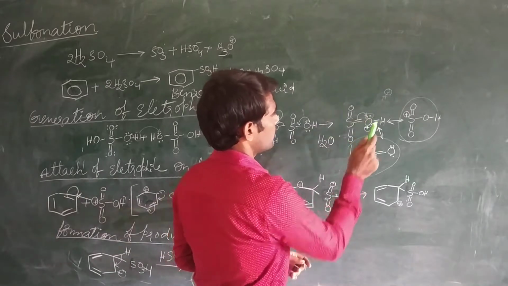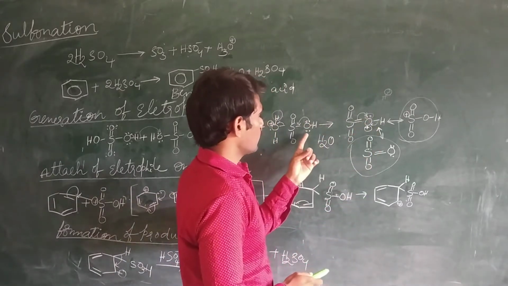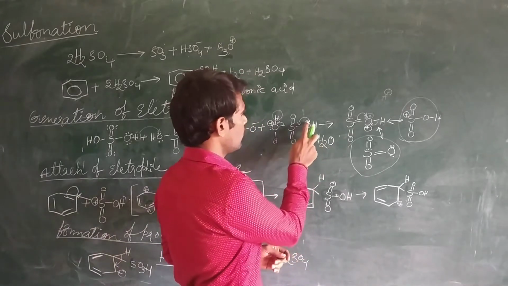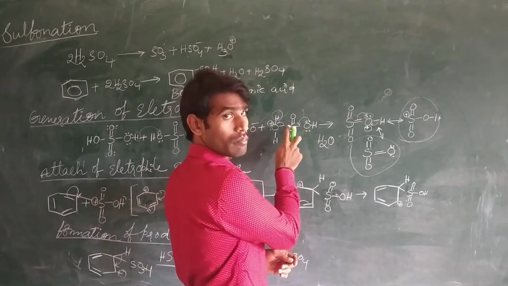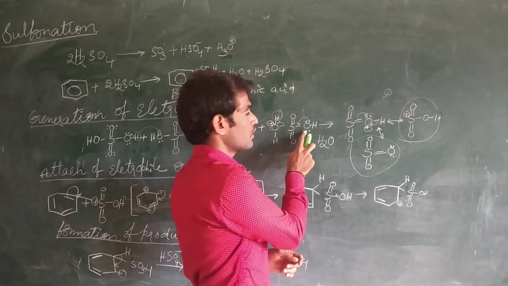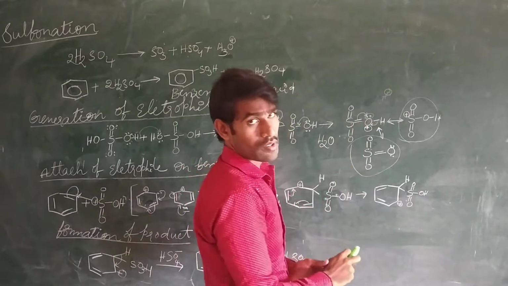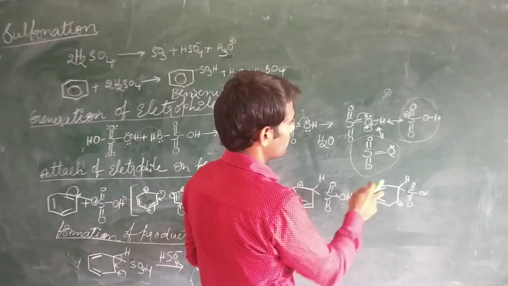Oxygen has 2 lone pairs of electrons. One lone pair of electrons is utilized in a bond made with the sulfur. So one electron is given to sulfur, and that electron is taken from the hydrogen atom. Anyway, now the balance is satisfied.